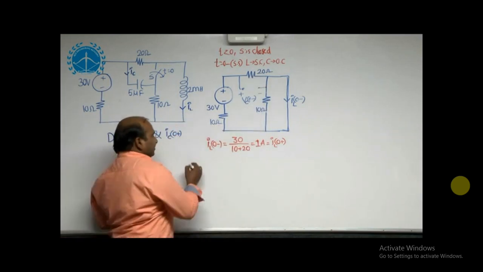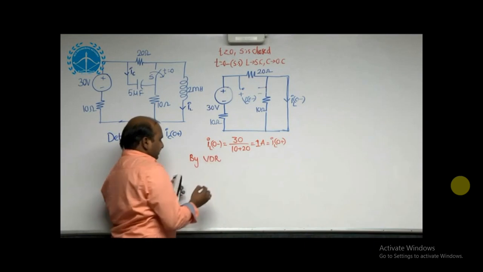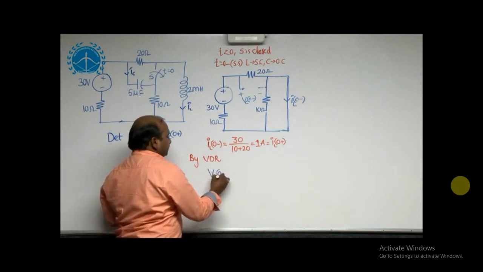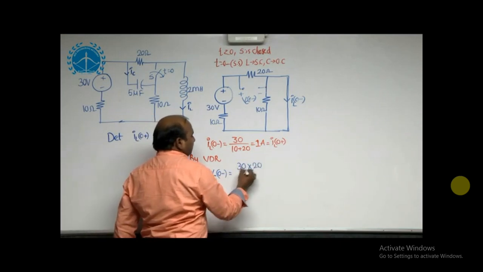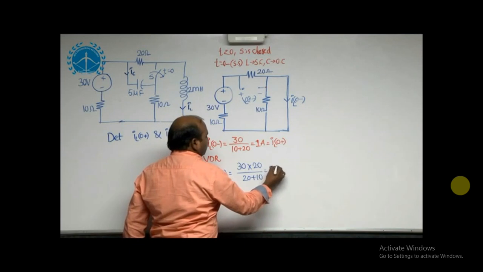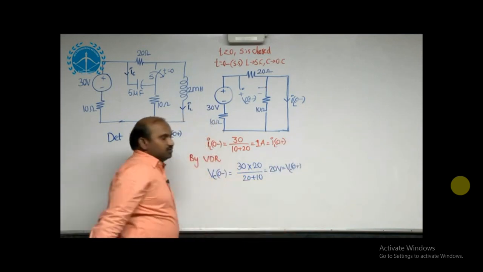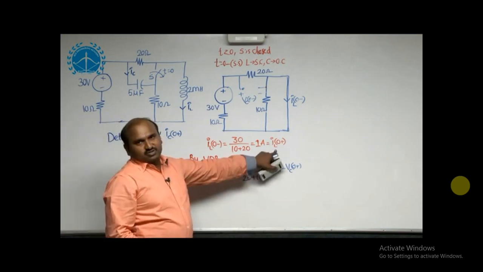By VDR, I will get the initial value of the capacitor. That is VC of 0 minus, which is by VDR 30 into 20 by 20 plus 10, which is equal to 20 volts. This is VC of 0 plus, which is equal to the initial voltage.